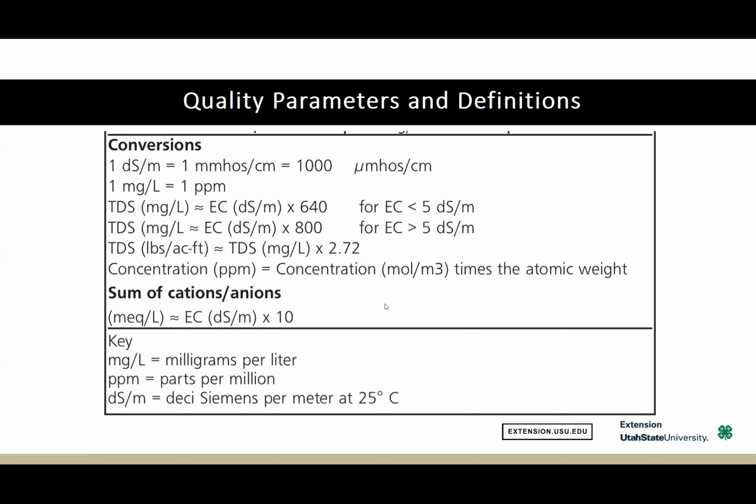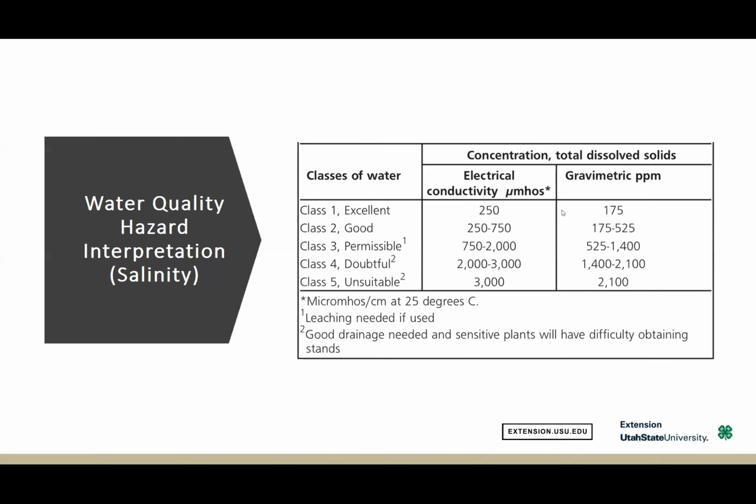We can convert between the total dissolved solids and the electrical conductivity of the solution in a two-phase conversion, and you can see the limits where the two equations of conversion apply, and you get a good estimate of electrical conductivity from total dissolved solids, or vice versa, from these conversion equations.